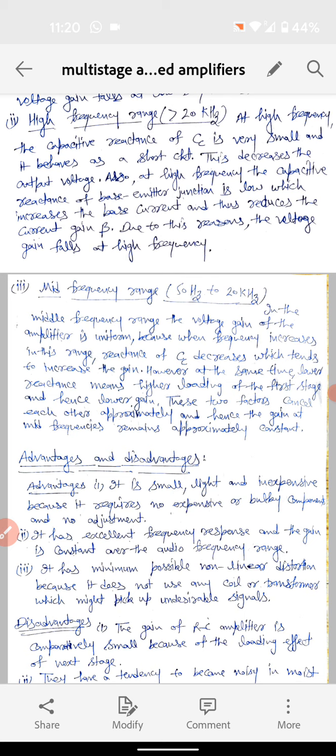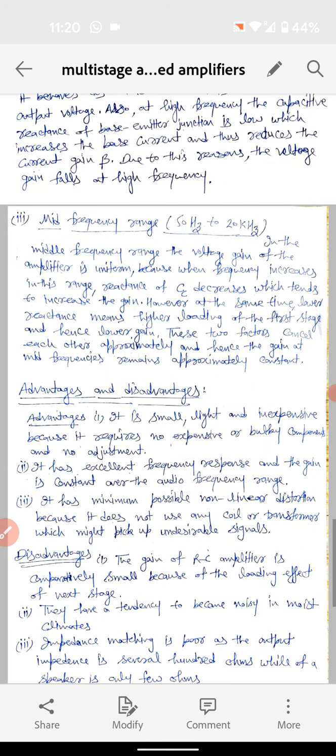When the frequency increases in this range, the reactance of the coupling capacitance decreases, which tends to increase the gain. However, at the same time, the lower reactance means higher loading of the first stage, hence lower gain, because due to the loading effect, as I already told you, gain will get decreased. So there are two things.